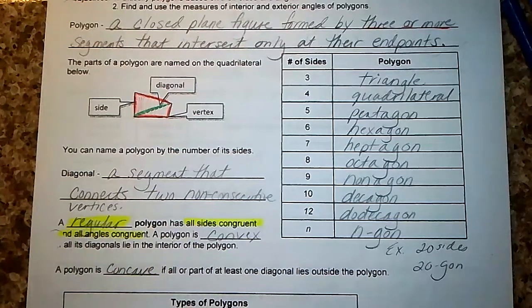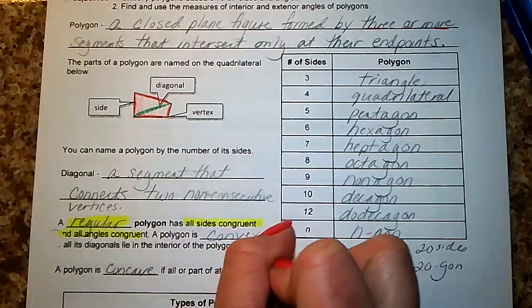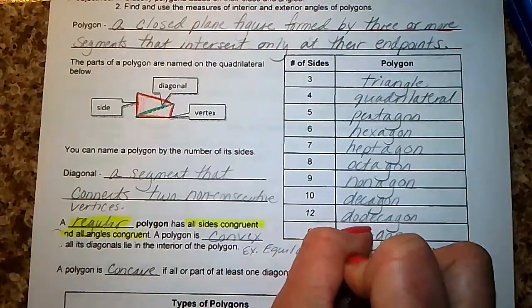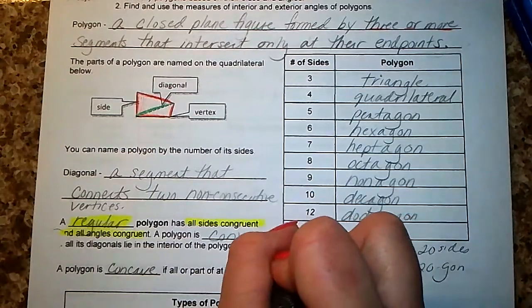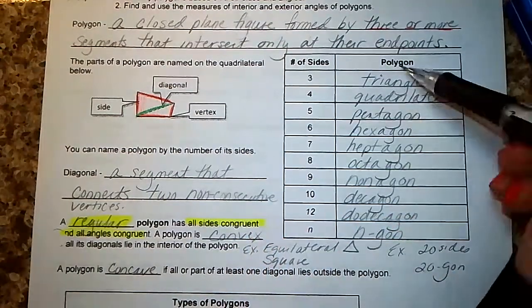So we've already learned about at least one regular polygon. And of course, that would be the equilateral triangle, right? So for an example there, our equilateral triangle is one type of regular polygon, okay? Another one would be a square, right? All equal sides and all equal angles. But you can have a regular of any one of these shapes, right?